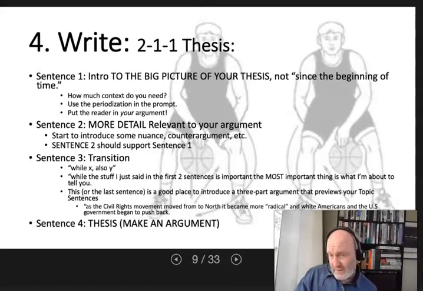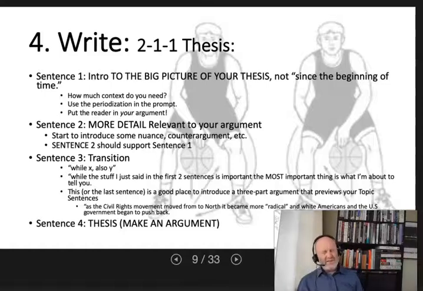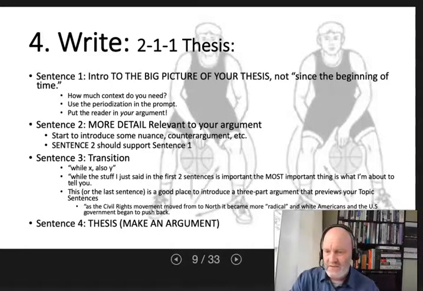So in my example I just gave about the dramatic change, I could say something along the lines of, and I'm just making this up as I go too, just for authenticity's sake.